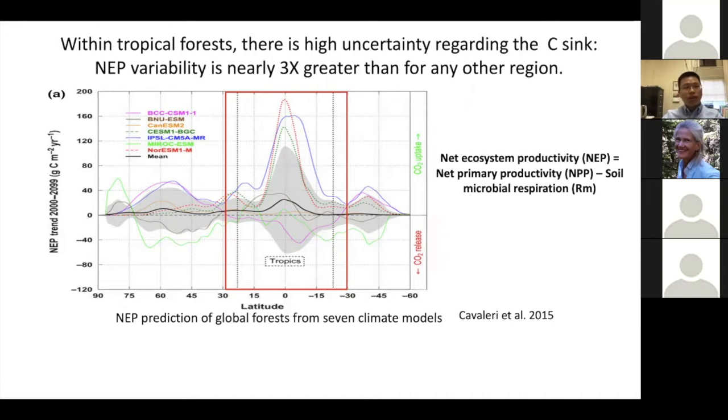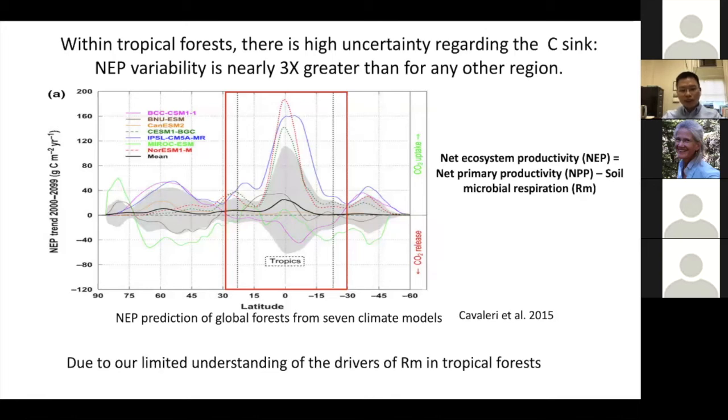And most of this uncertainty is due to our lack of understanding of the below ground carbon dynamics. For example, we still lack understanding of what the substrate carbon for soil microbes is and what the drivers of soil microbial respiration are.